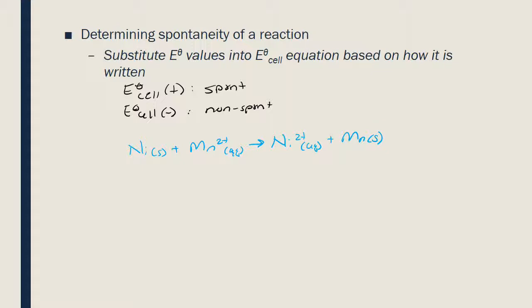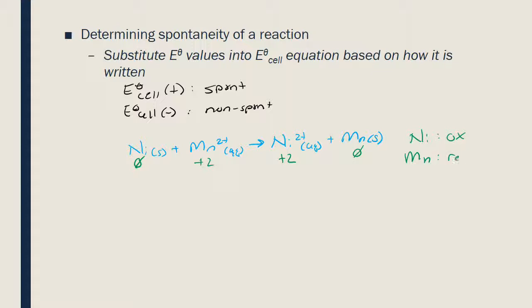All right, so when we're going to go through and do this, in order to figure out our calculation, we need to figure out which one is our oxidized species and which one is our reduced species. So nickel goes from 0 to +2, and manganese goes from +2 to 0. So that means nickel is being oxidized because it's becoming more positive.